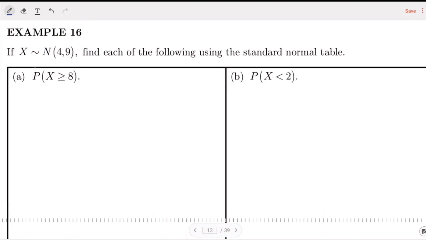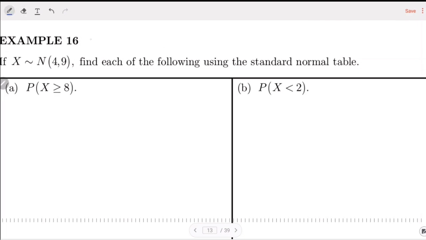Example 16. If X ~ N(4, 9), find each of the following using the standard normal table. First of all, we need to know that if our μ does not equal 0 and σ does not equal 1, we need to standardize our X to Z first.